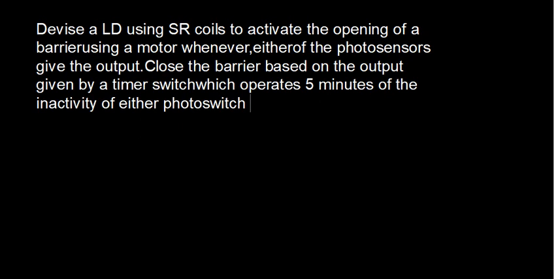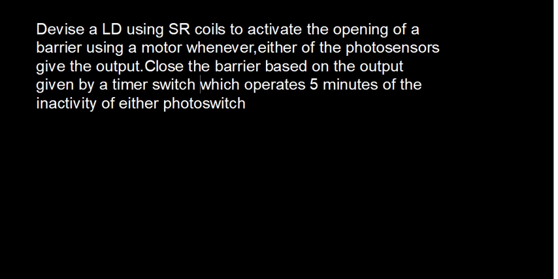Close the barrier based on the output given by a timer switch which operates 5 minutes of the inactivity of either photo switch. So first try to interpret the problem properly. That is very important. If you properly interpret the problem, then writing the code and other things becomes very simple here as long as this application is concerned.